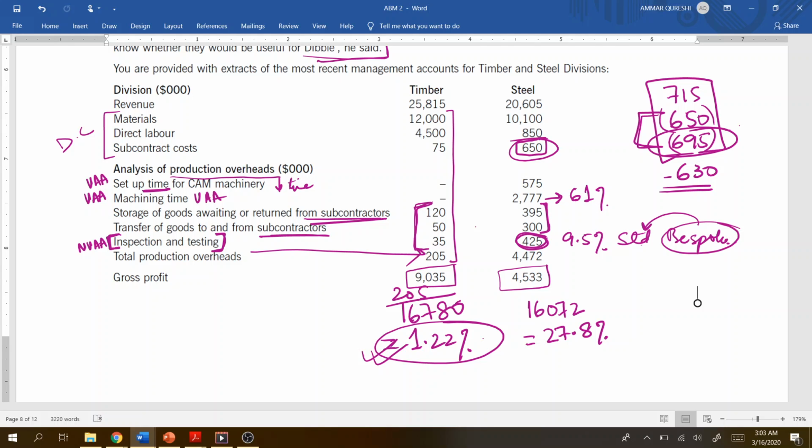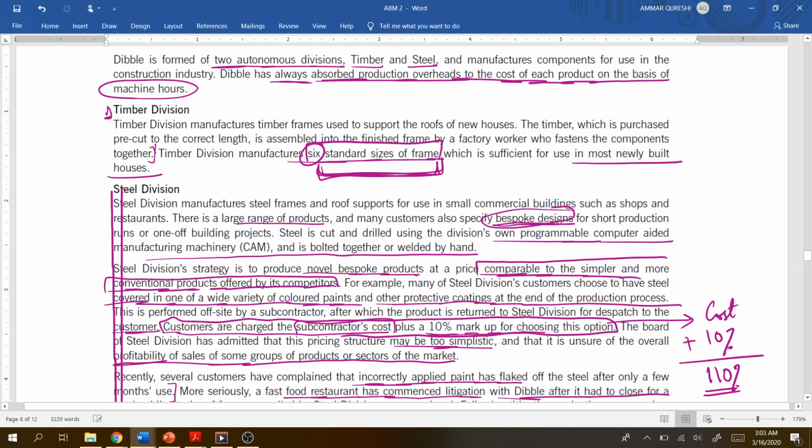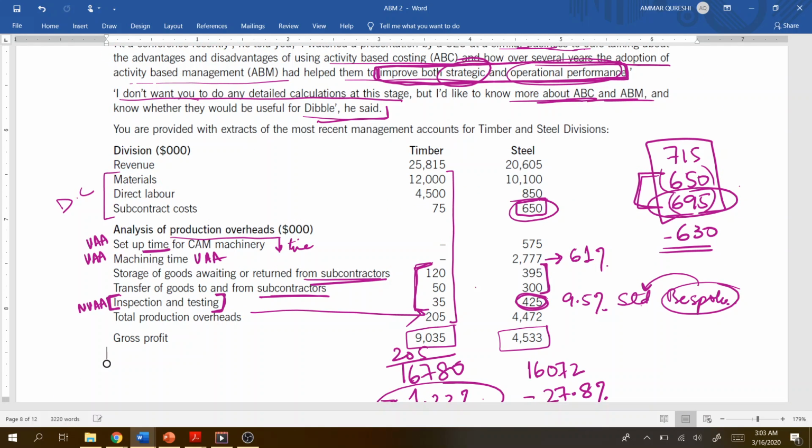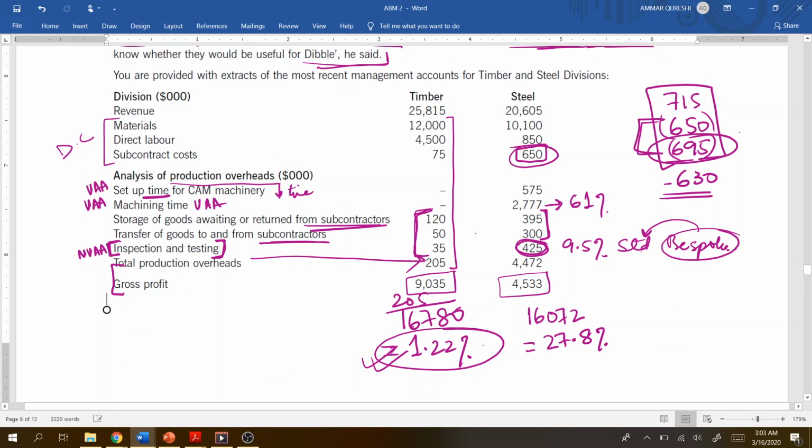Now, these two costs: storage of goods awaiting or return from subcontractor, 395, and transfer of goods to and from subcontractor, that is 300, right?